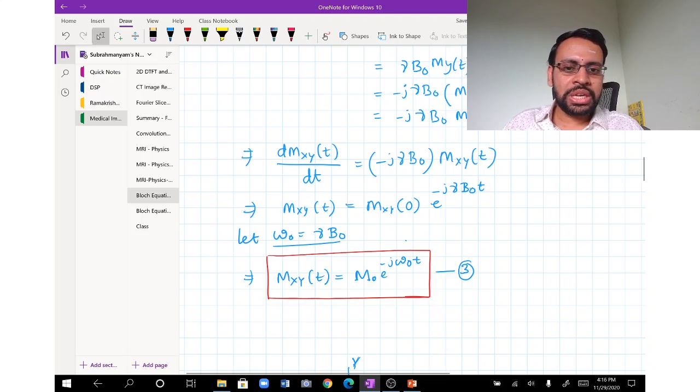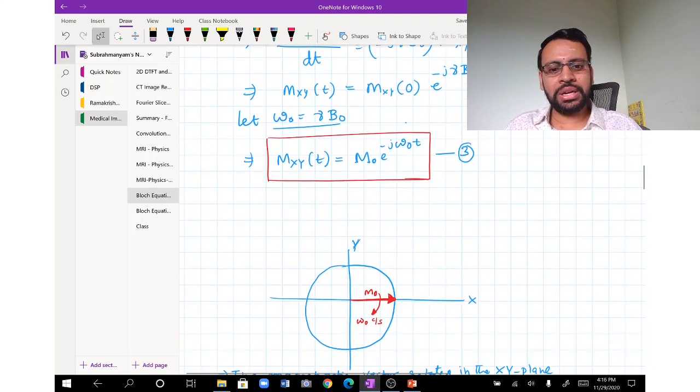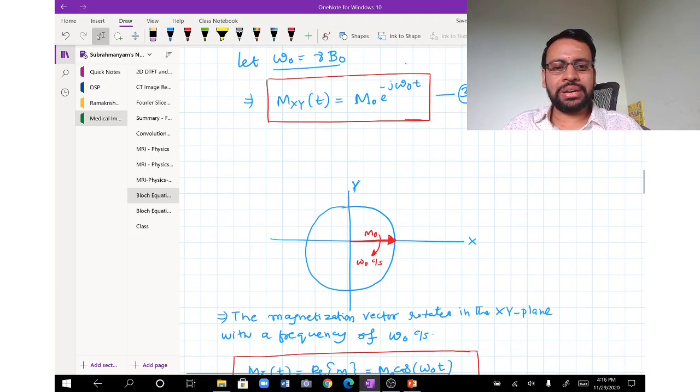So you could see here, when you are taking the derivative of this Mxy of t, that's where you would be getting this multiplication factor, and this initial value whatever you have is Mxy of 0 here, right? So that's exactly what we have seen in our intuitive expressions when we have written these expressions intuitively.